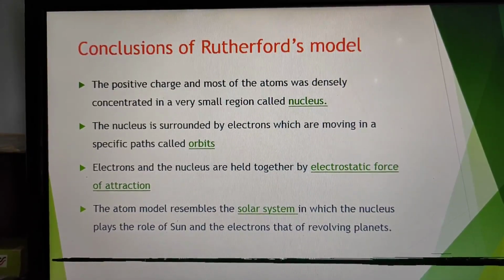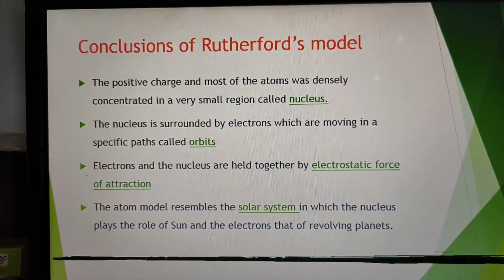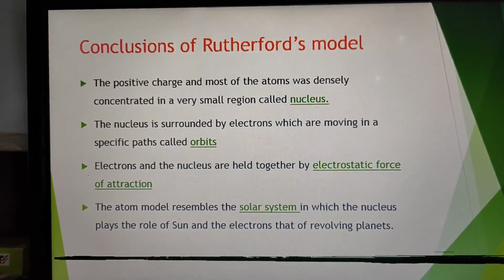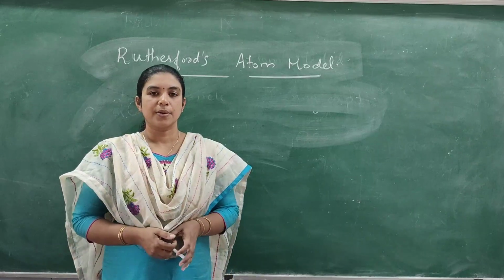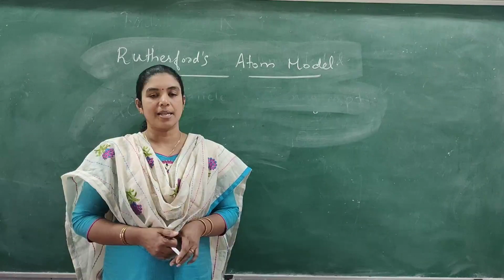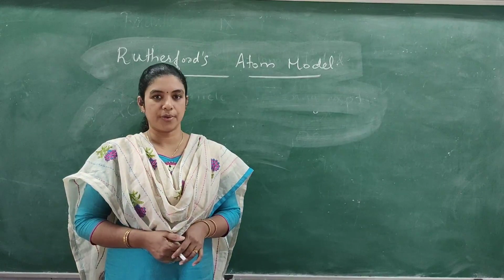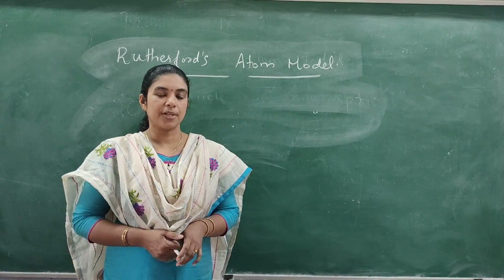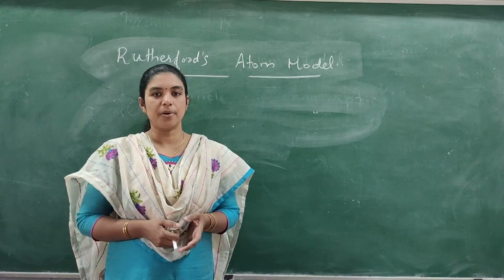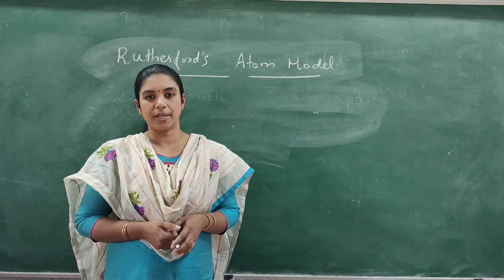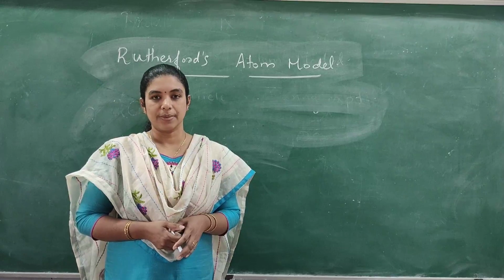Therefore, Rutherford's model is also known as the planetary model. So now we have seen the atom model given by Rutherford. This is the basic atomic model which we are using even now.